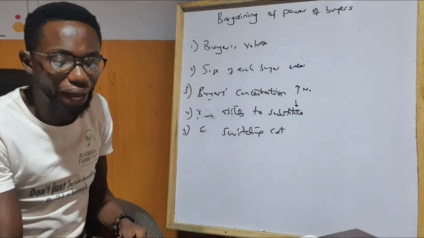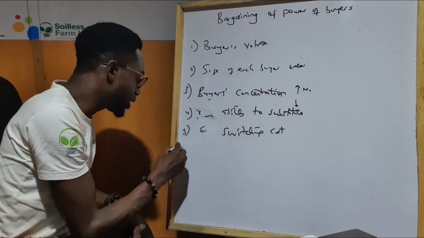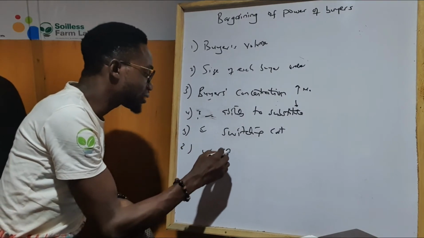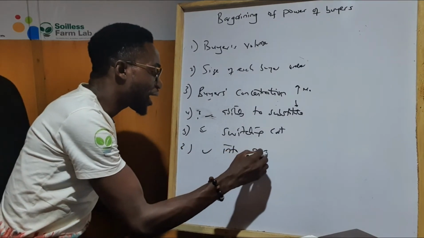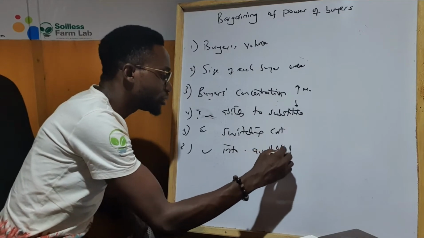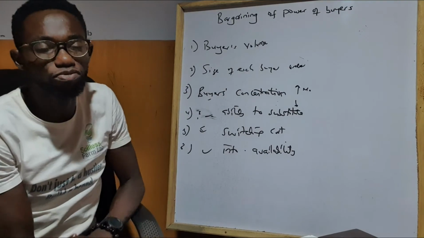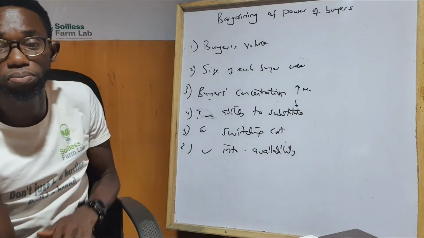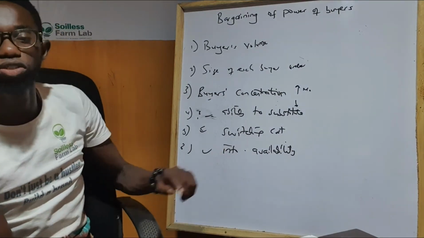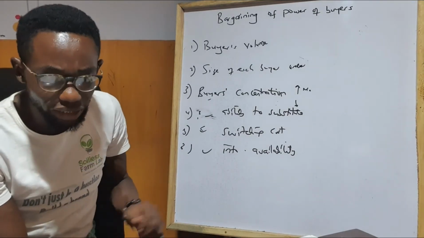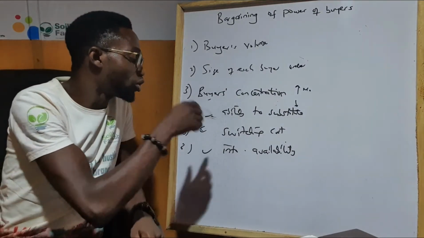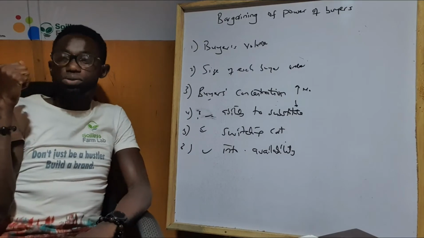Next is buyers information availability. There are people today who are running businesses, they have products, they have service, and they believe there is no market. That is because the info is not available. And for the buyers, most of the time, this is a power they wield.